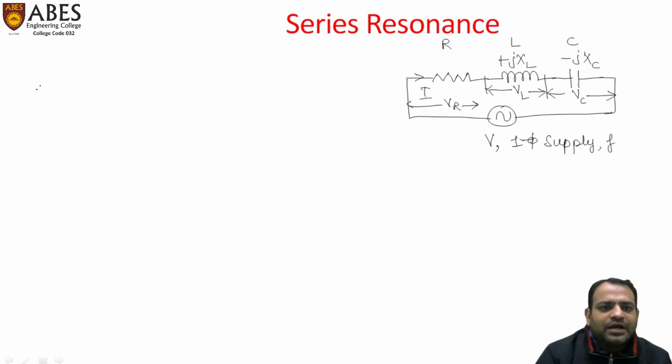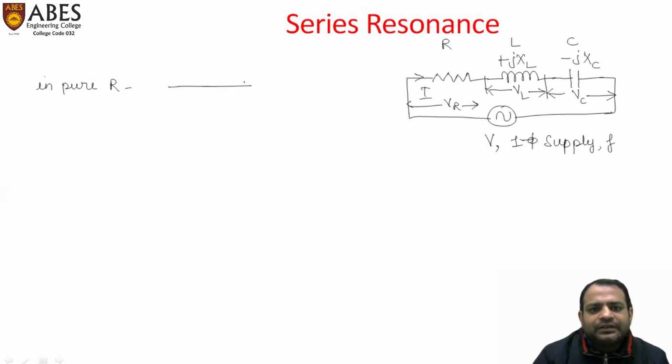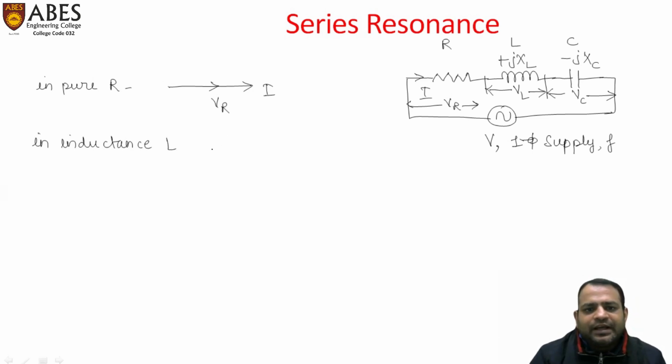So in pure resistance, the current I and this VR is in same phase. In inductance L, what is the relationship between VL and I?